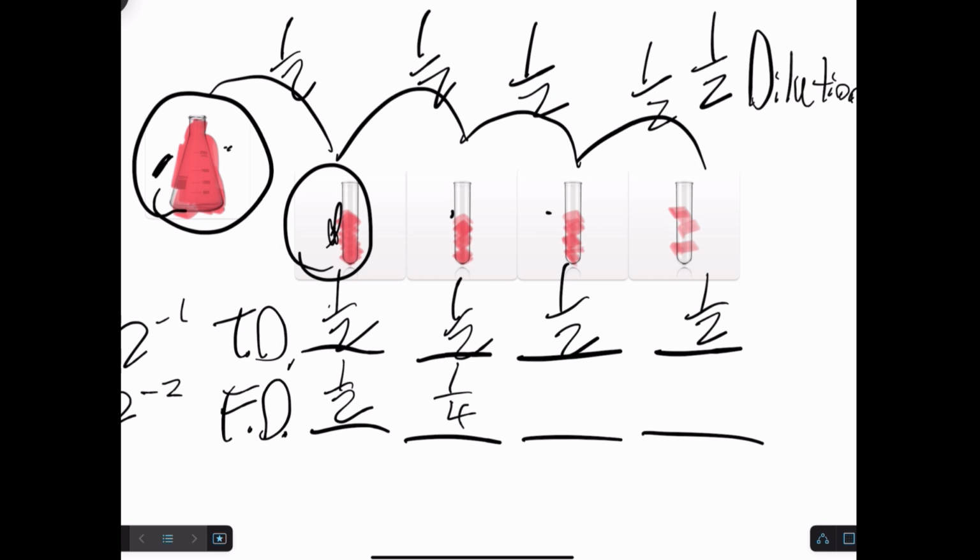For this one, we want to take half and a half and a half, so 2 to the -3, which is 1/8. Then for the fourth and final one, we take half of every beaker so far, so it's 2 to the -4th, which gives us 1/16. That's how we find our total dilution for a twofold dilution factor.